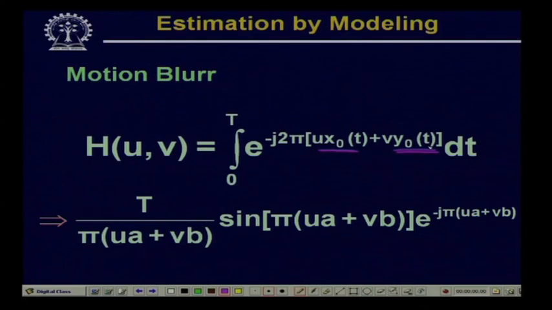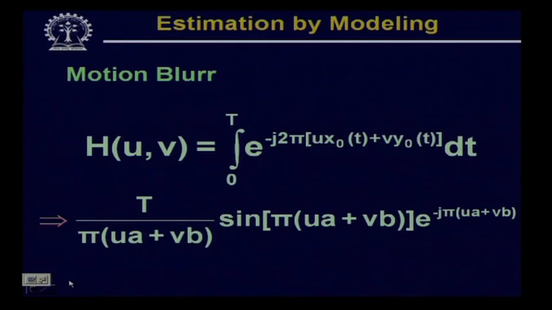If I assume that x naught(t) is equal to a t by T and y naught(t) is equal to b t by T, then this particular integral can be computed and we get the final degradation function, or degradation model, as given in the lower equation.